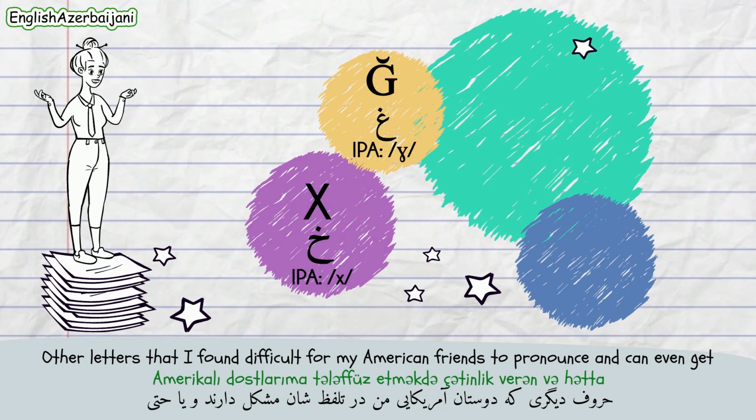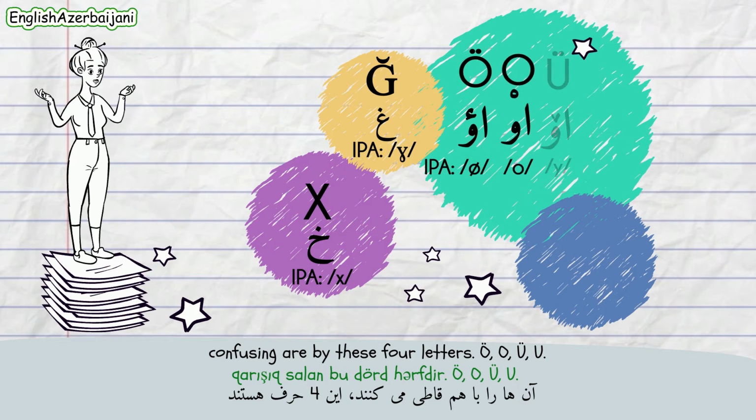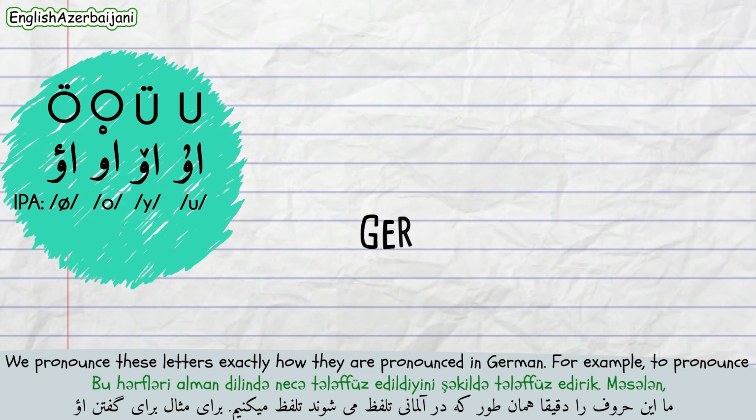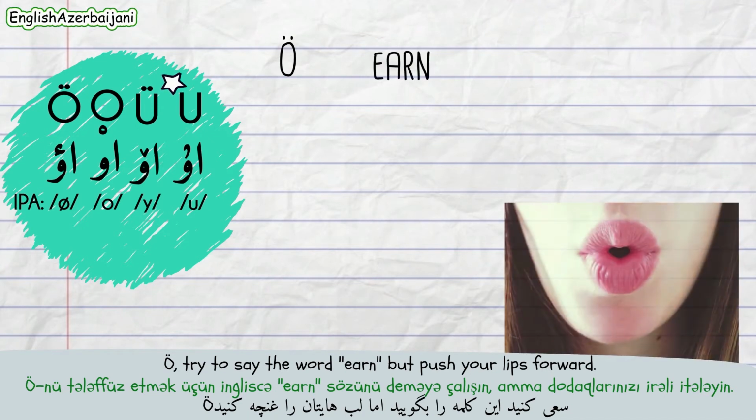Other letters that I found difficult for my American friends to pronounce and can even get confusing are these four letters. Ö, O, Ü, U. We pronounce these letters exactly how they're pronounced in German. To say Ö, try to say the word earth, but push your lips forward.